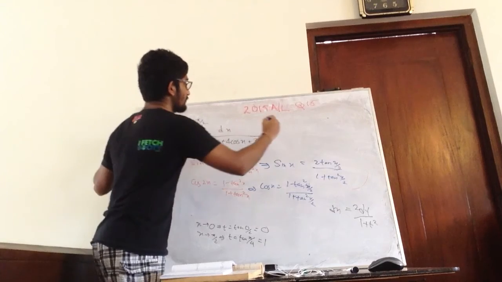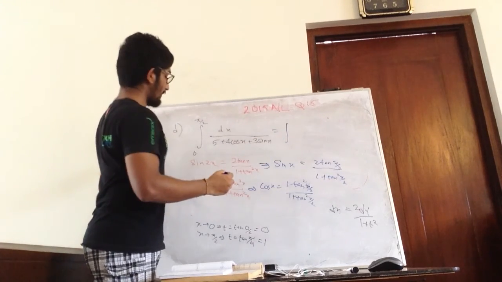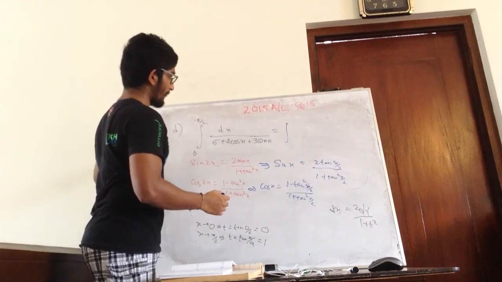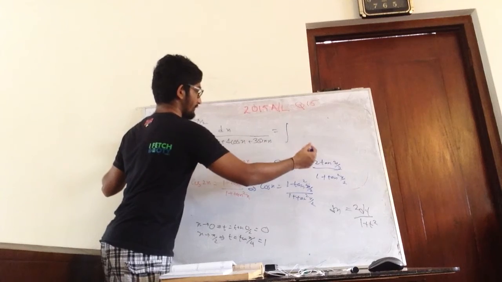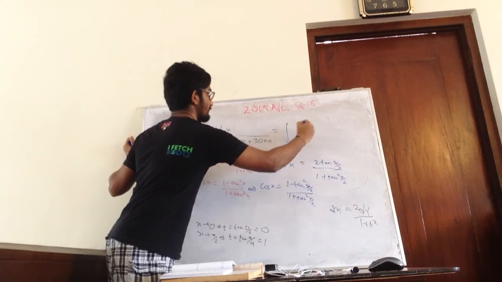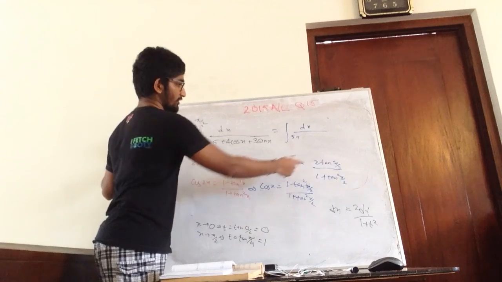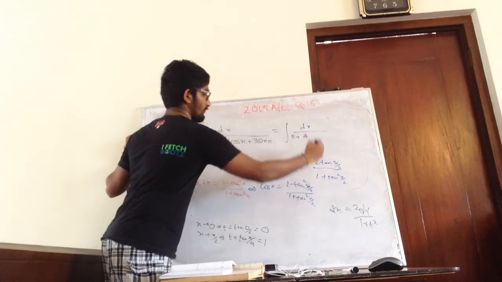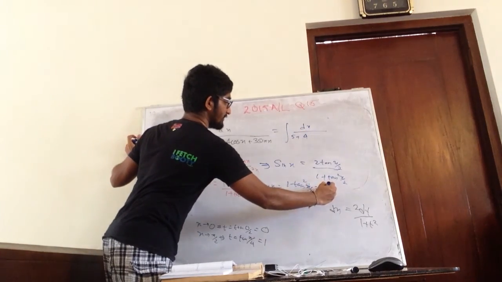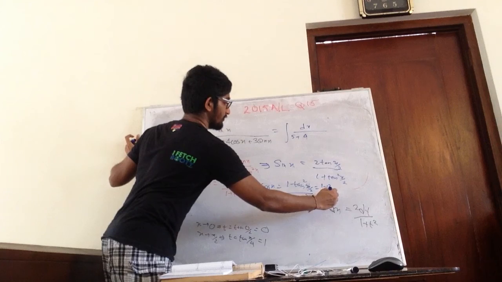So if I substitute this, I'll first write this of 5 plus, so now this is basically 4 times 1 minus t squared over 1 plus t squared.